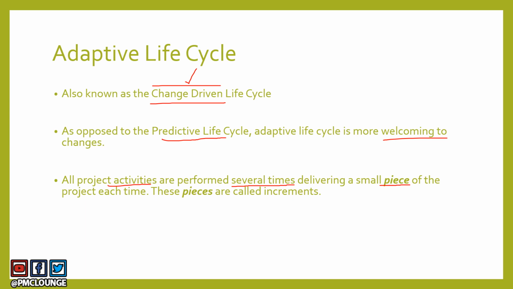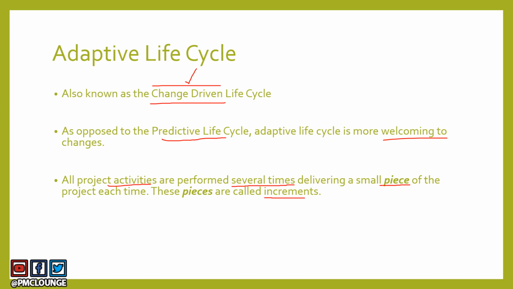So you saw how in waterfall we would do requirements, design, right? And in the end, we would deliver the entire product. But here in adaptive life cycle, we would do all those phases, the requirements, design, everything, and we would deliver a piece of the project. And then we would go back, take the feedback and go back and start from requirements again and deliver another piece.